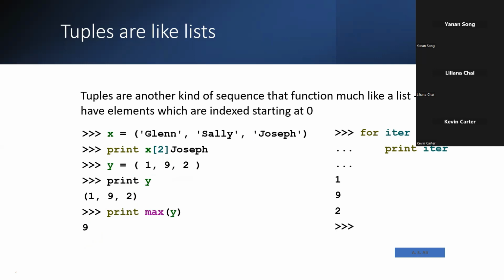If I want to iterate, remember we talked about iteration in the previous session, where we loop over elements inside a particular collection. So I can say for number in Y, print number.